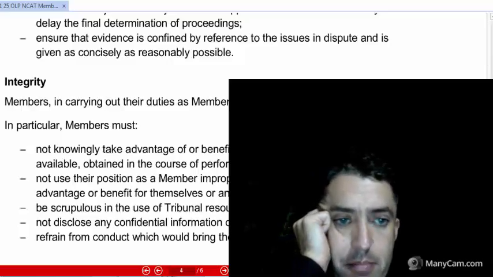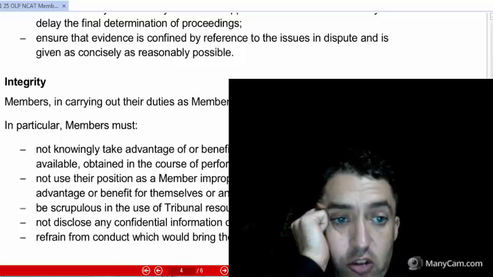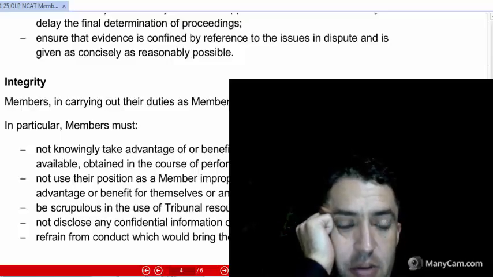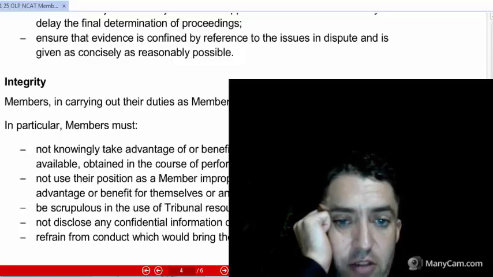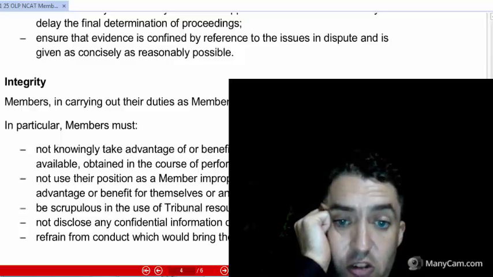Integrity. Members, in carrying out their duties as members, are to act honestly and truthfully. In particular, members must not knowingly take advantage of or benefit from information not publicly available, obtained in the course of performing their tribunal functions, nor use their position as a member improperly to gain or seek to gain any advantage or benefit for themselves or any other person.